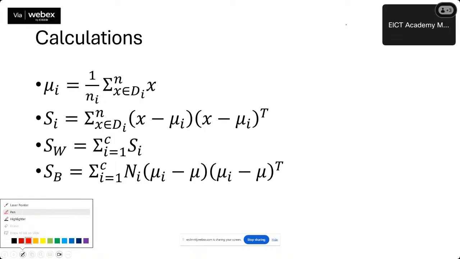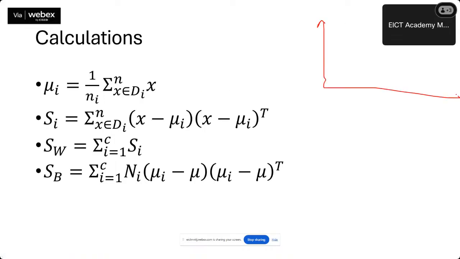So I have a problem. Let's say this is class number one, all the data of class number one. This is A, this is B, this is C, this is D, and this is E. So A is some vector. Currently it's F1 and F2, so it will be a 2 cross 1 vector.